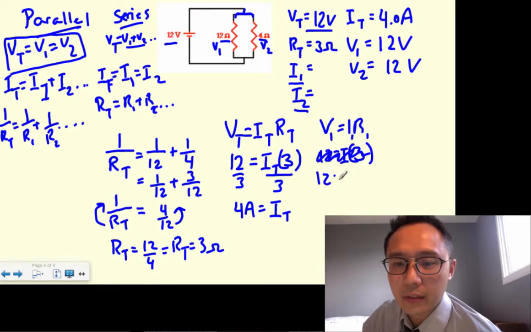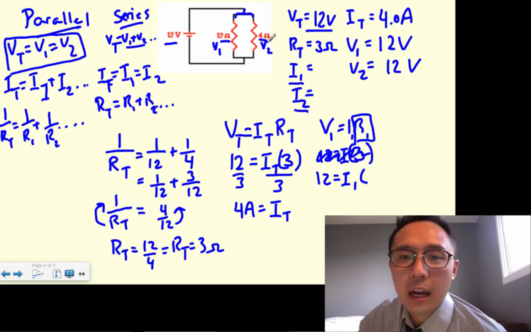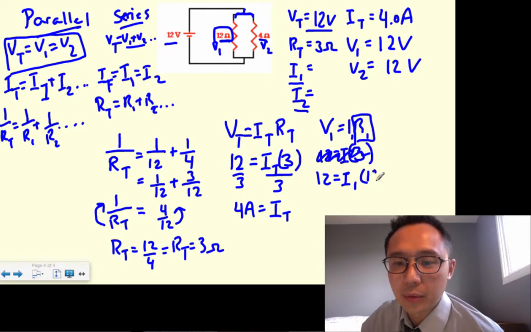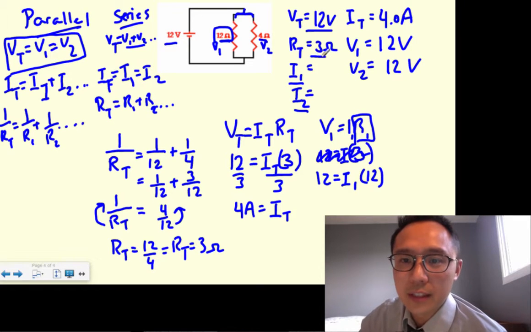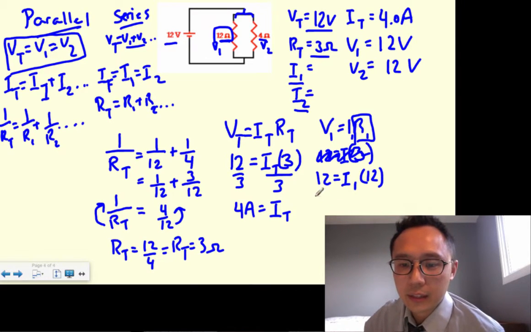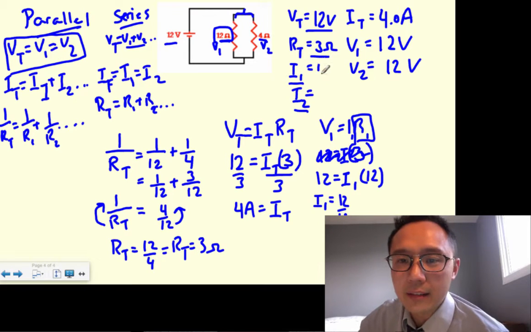This should be 12 times I1, and I'm using resistance 1, so don't forget, I just made that mistake right now. First one, that's 12. Not 3, that's the total resistance, right? This is the total resistance, this is the first one. So then I1 is 12 divided by 12. This is 1.0 amps, a little bit laggy right now.